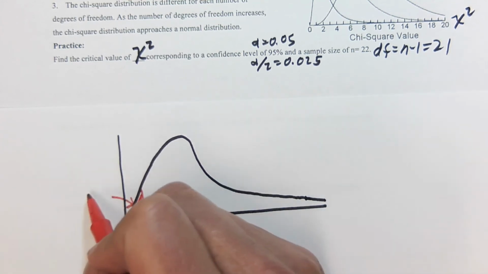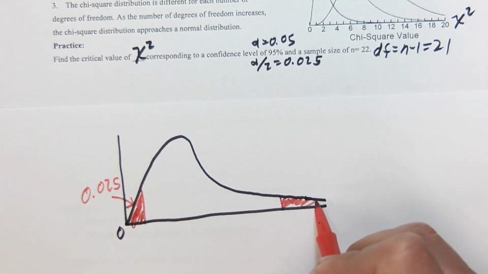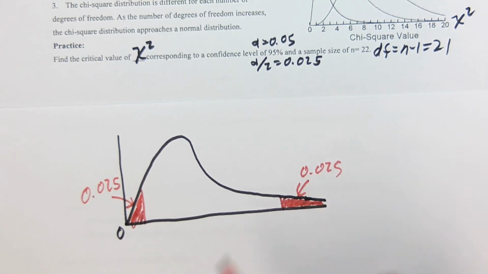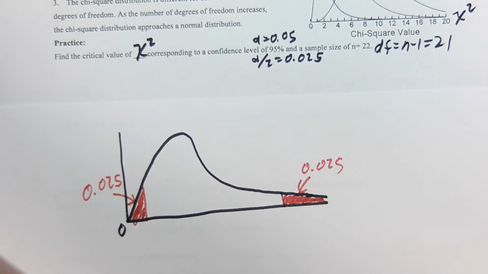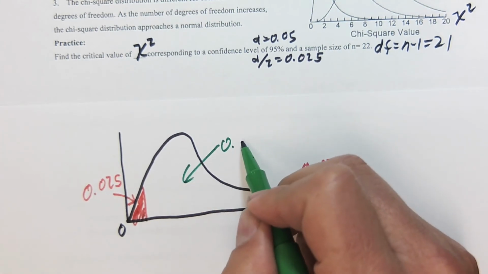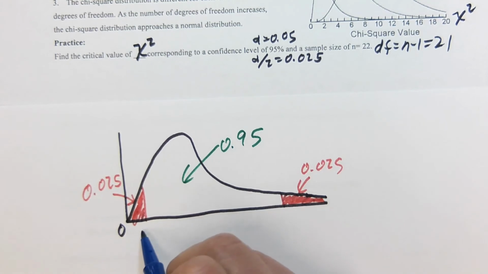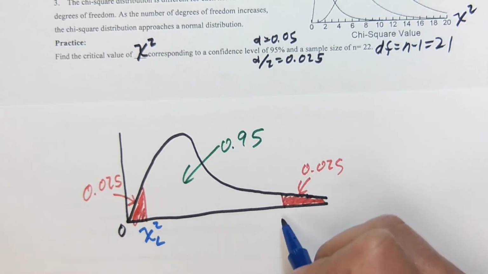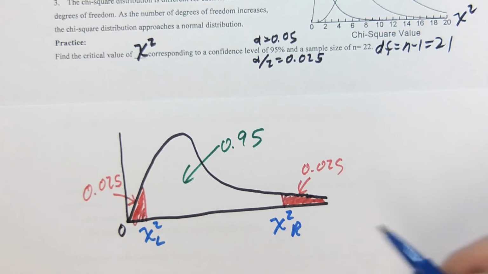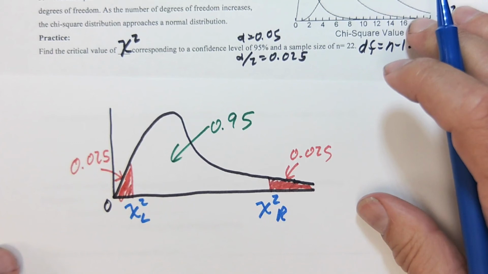The amount of area here is 0.025. The amount of area here is also 0.025. And in the middle is our 0.95. And what we're looking for is chi-squared left and chi-squared right.